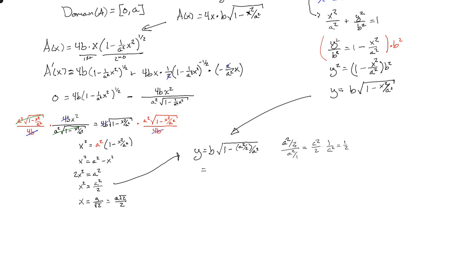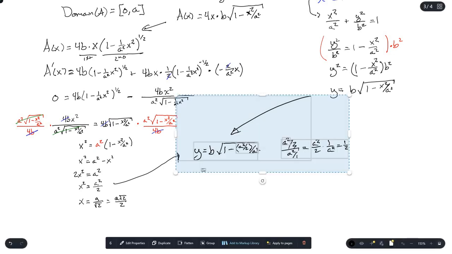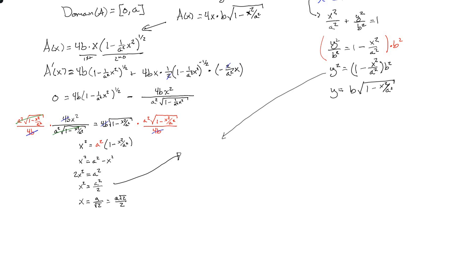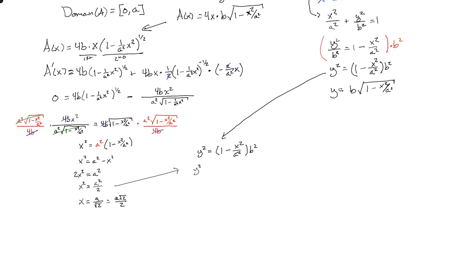Oh, you know what? I could keep going here and get the right answer, but let's actually use something that's going to avoid all the square root stuff. So I'm going to use this y squared right here. So y squared equals 1 minus x squared over a squared, times b squared. And then we'll plug that x squared in.